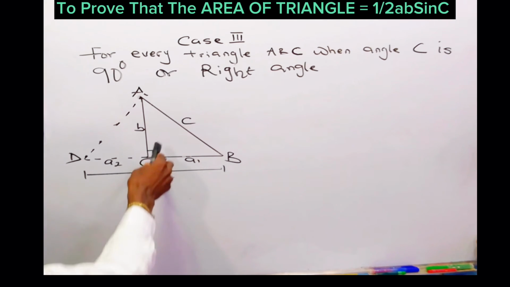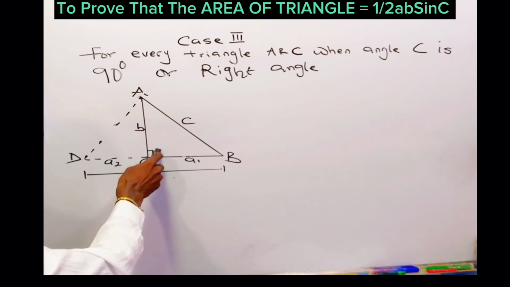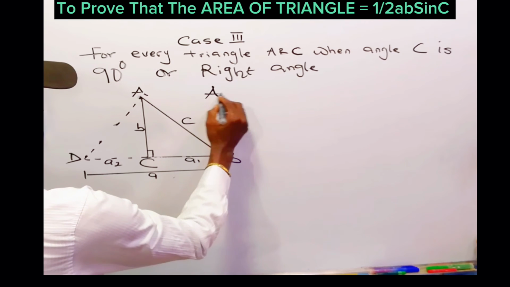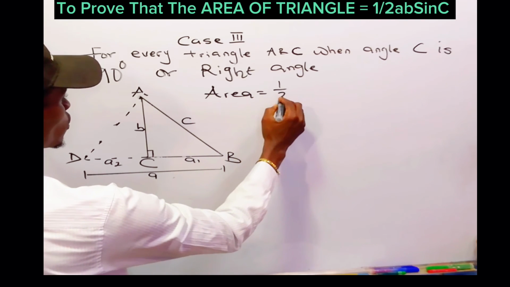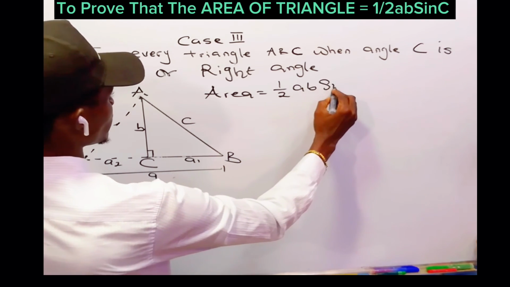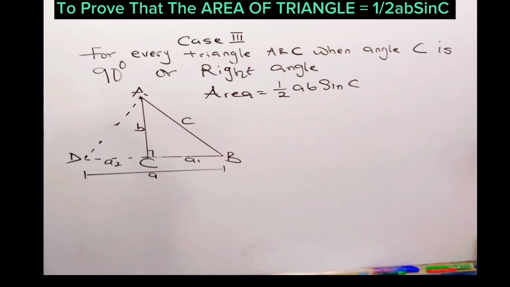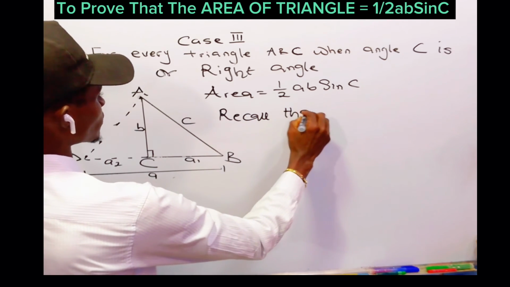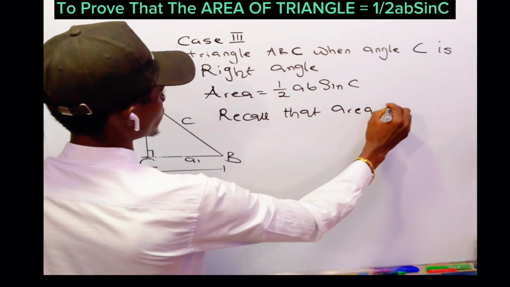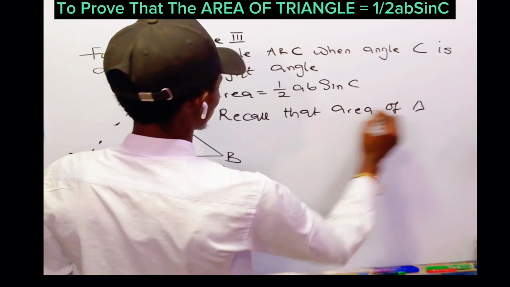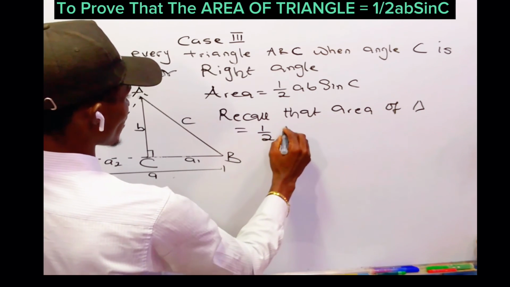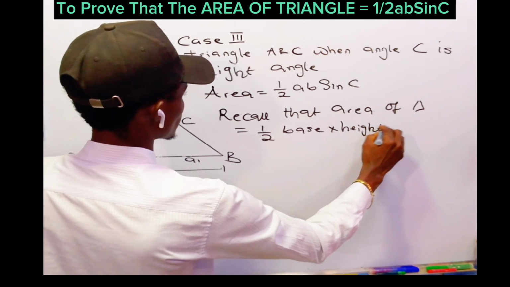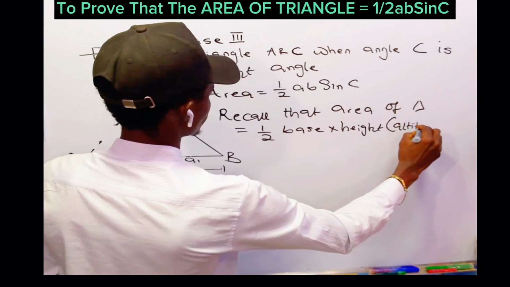So from this triangle where angle C is 90 degrees, let's prove that the area is equal to half AB sine C. Now recall that area of triangle is equal to half base times height, which is the altitude.